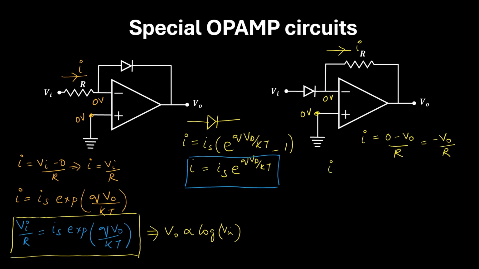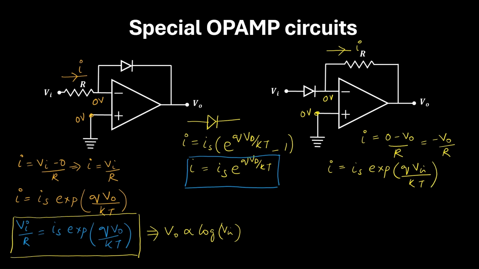So I can be written as Is, that is the saturation current, into exponential of Q into V input divided by KT. Here the voltage across the diode will be the difference between this voltage and this voltage. Since this is 0 volt, the voltage across the diode is the input voltage.